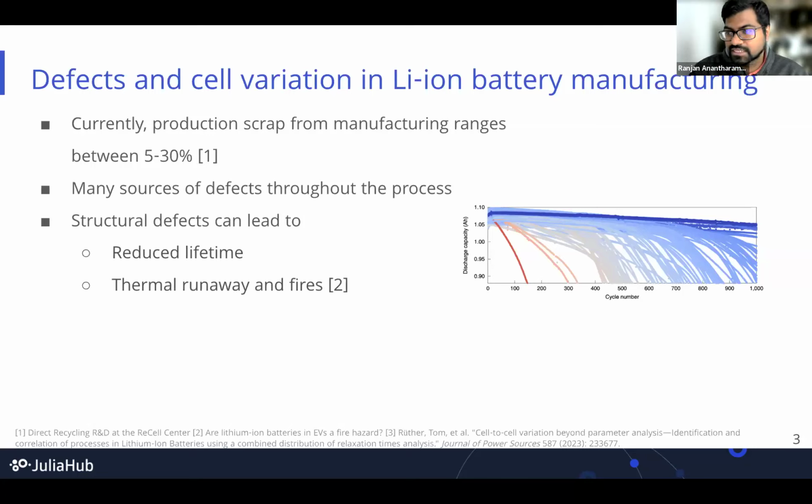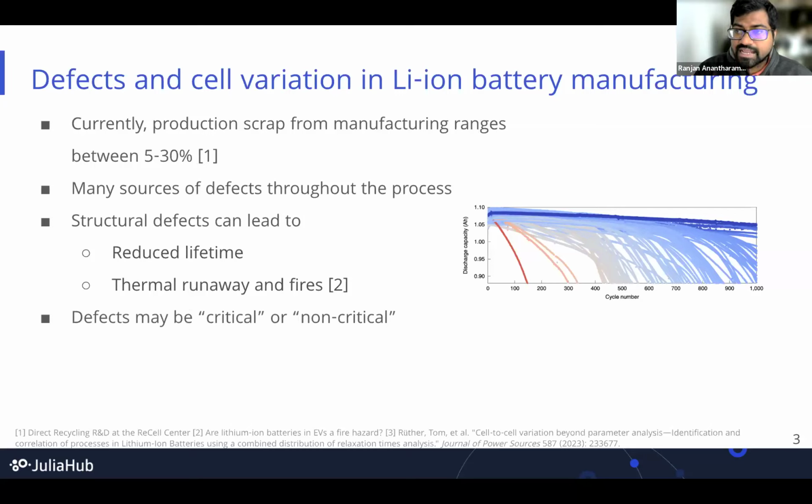There have been plenty of news articles of fires at different manufacturing plants, and sometimes improperly validated battery packs have been sent out to customers, and then recalls have had to happen as well. These are really important safety concerns that we should think about, in addition to the reduced lifetime and performance of the battery cell.